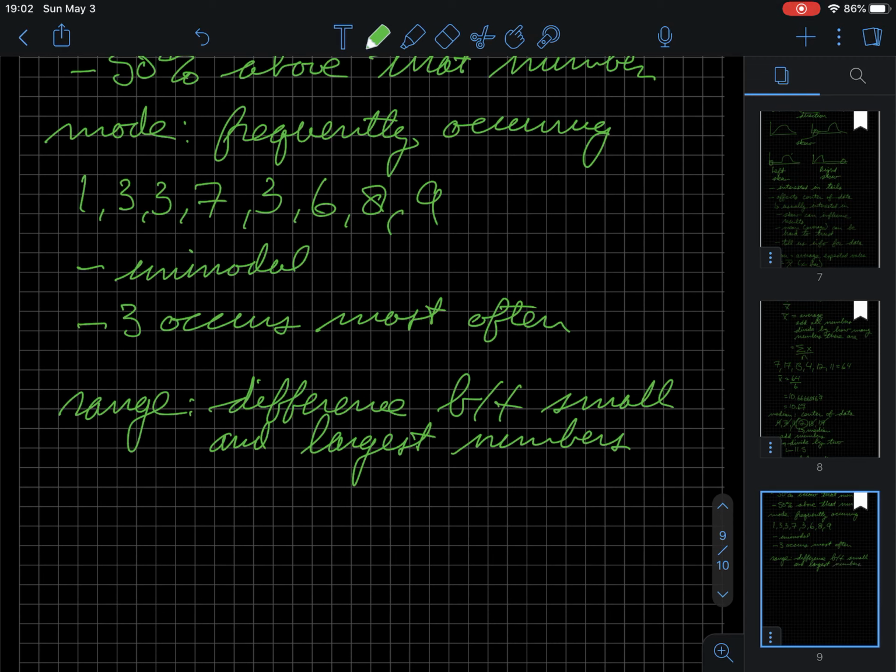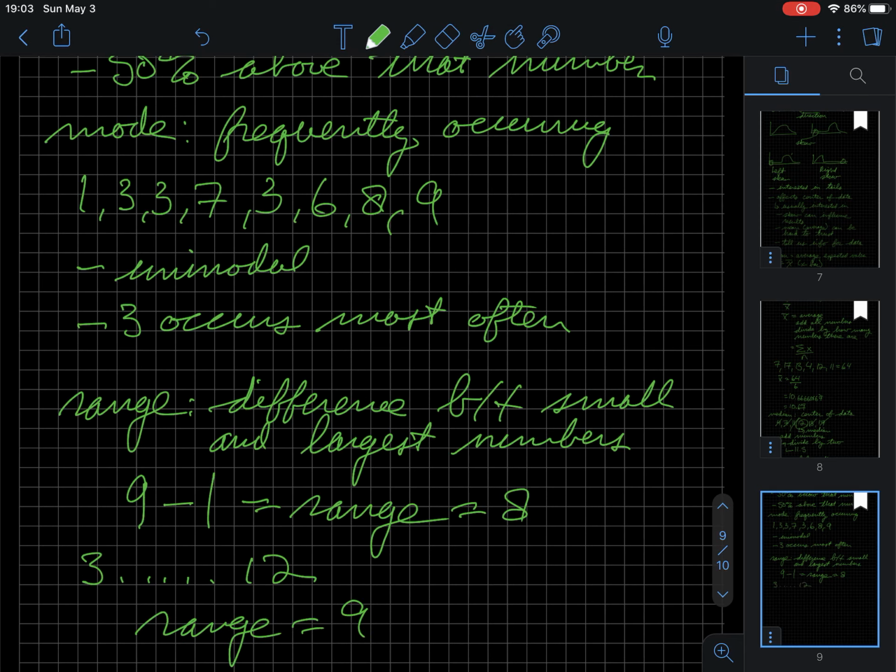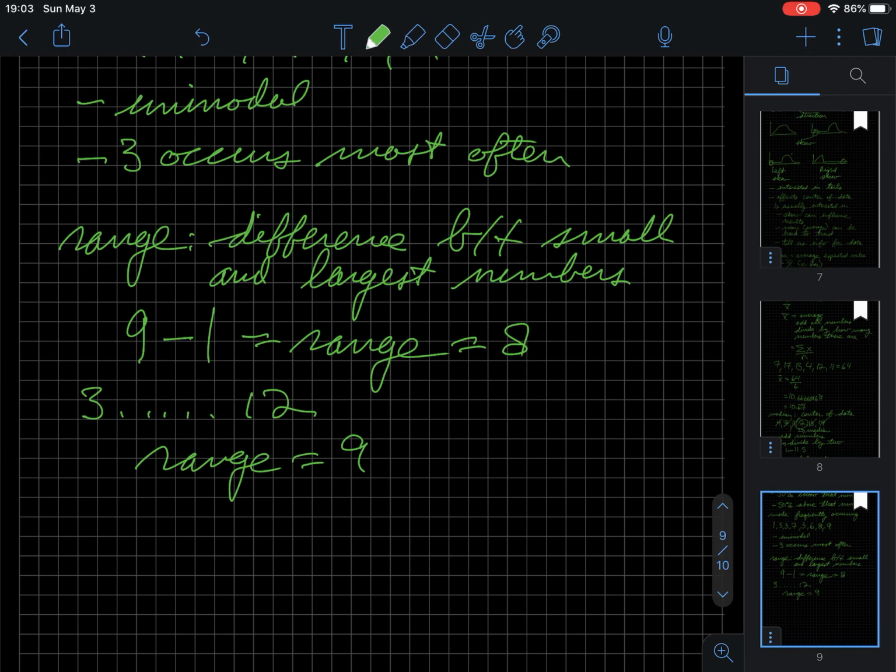In the previous example, we have the highest number, which is 9, and the lowest, which is 1, and so that range equals 8. At the same time, if we had a different number set, let's say 3 was the lowest and 12 was the highest number, that range would equal 9. Basically, again, we're looking at the difference between the smallest and largest numbers in a set of numbers.